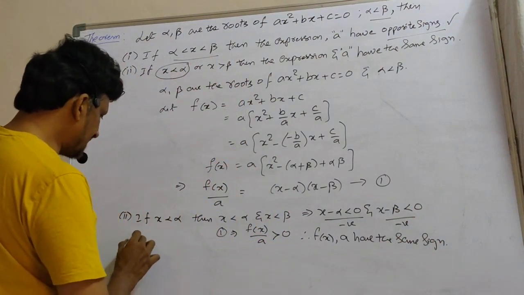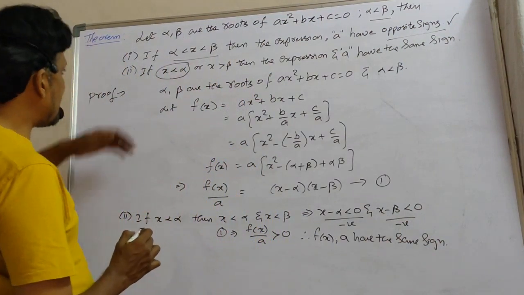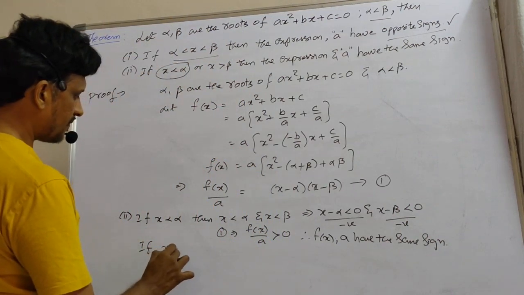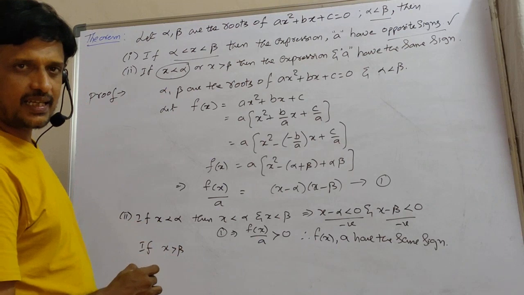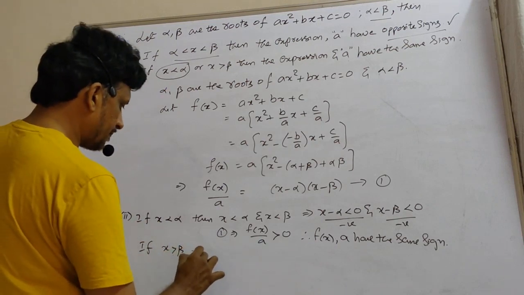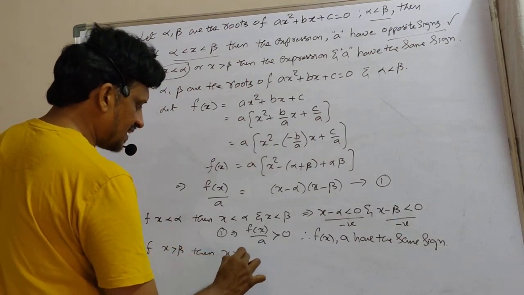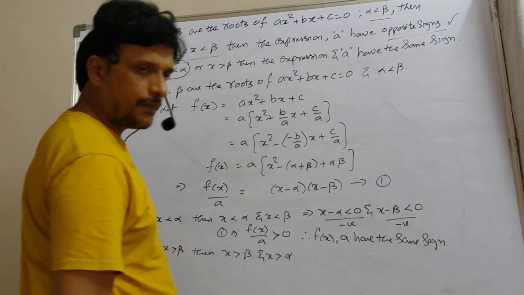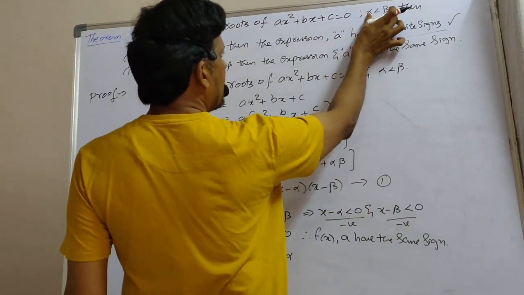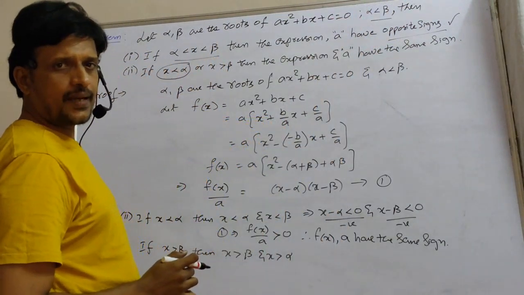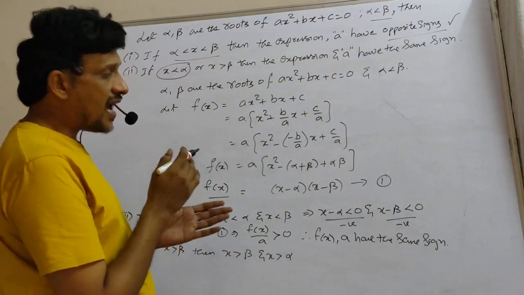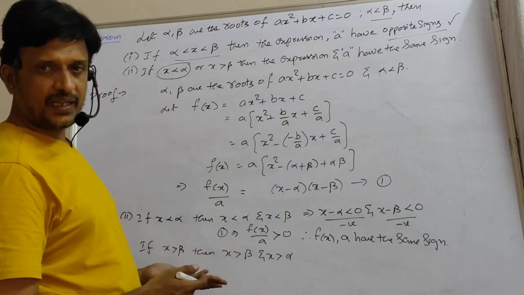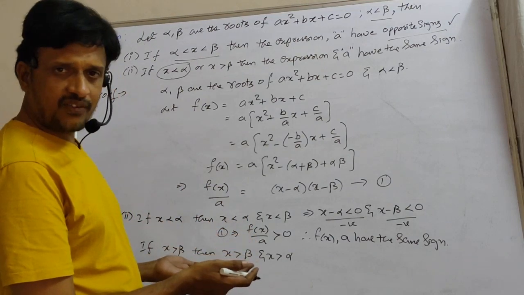And now in the second case again, if x is less than alpha, we proved this one. Now consider x is greater than beta. If x is greater than beta, then x is greater than beta and x is greater than alpha also, because alpha and beta are two roots such that alpha is less than beta. Now beta is the greatest of the two roots. Now this x is greater than beta, that means it is greater than alpha also.